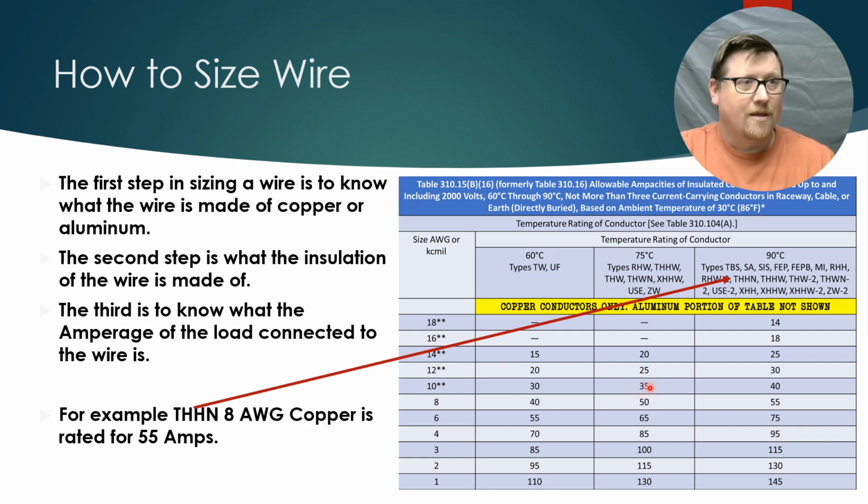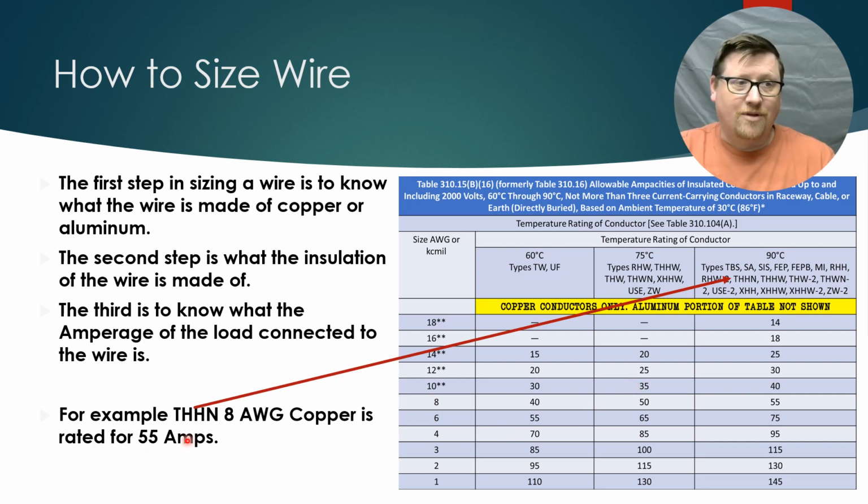Now, this number 10, 75 degree, if we're using THWN, it will hold 35 amps. And so we might be okay there, but there are going to be some contributing factors that we're going to talk about in a moment that can limit which specific wire we can use.